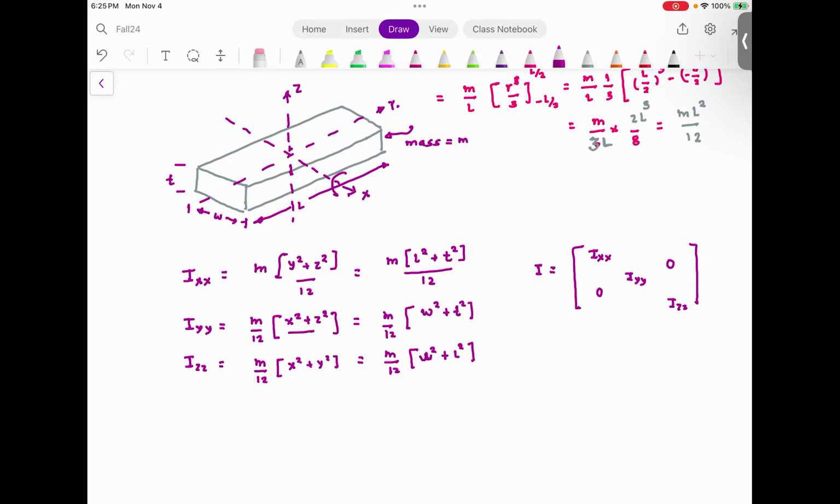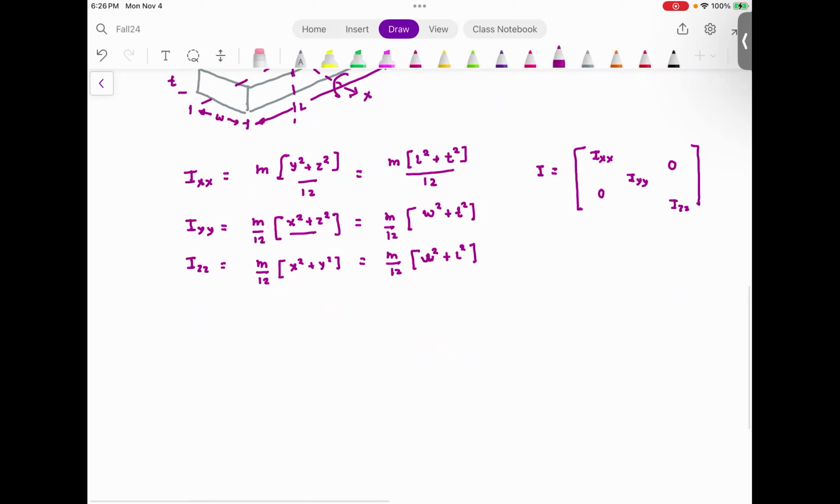Now, the question is what happens when this object or a robot is not hinged at the center. This is an important problem that I want to solve. Imagine that you have a robot, and this robot is a slender rod, hinged at one end.